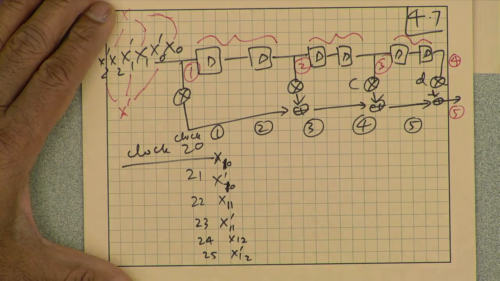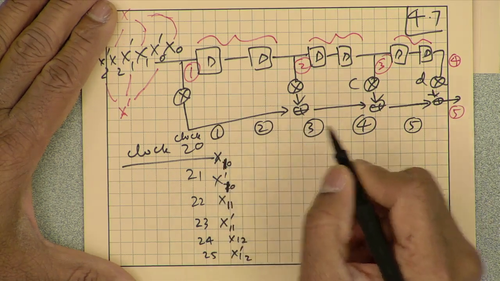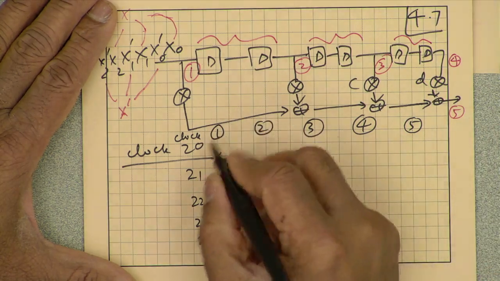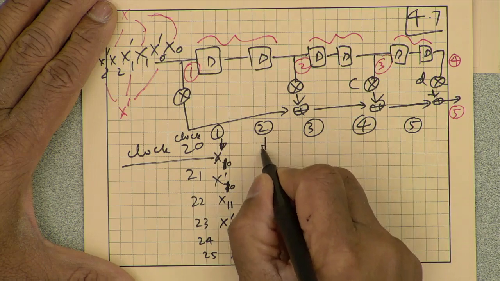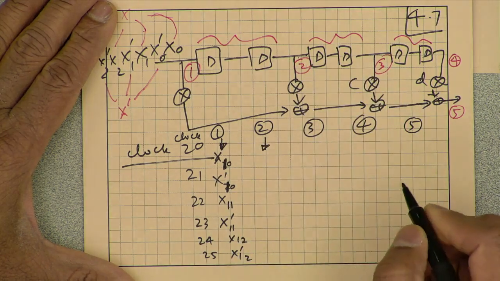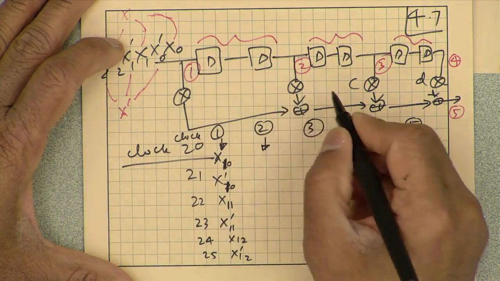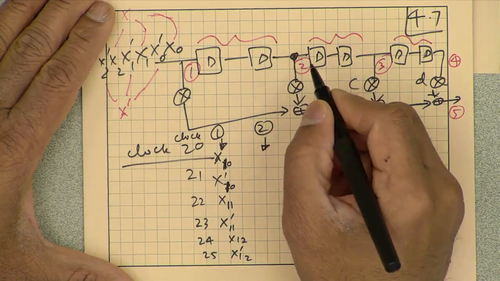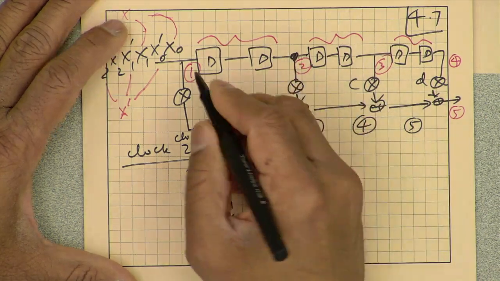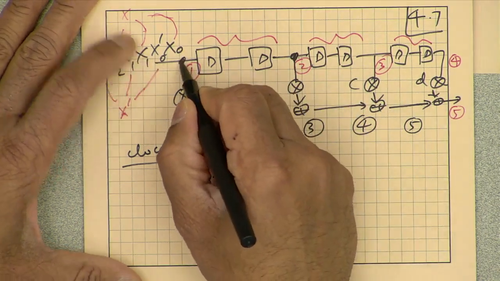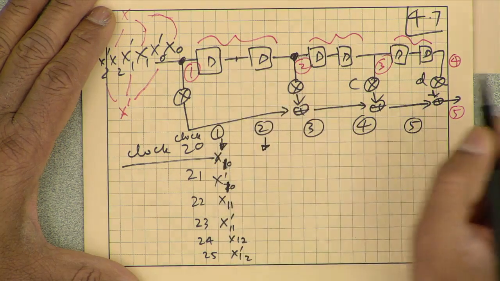Okay, this is node 1 here, and node 2 is here. So if this is x10 at clock cycle 20, what do you think will be here? If this signal here is x10, what would be here? x9.